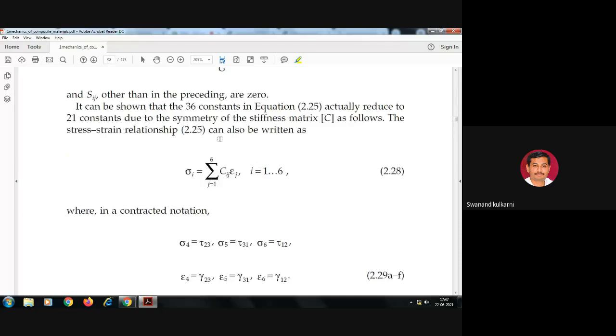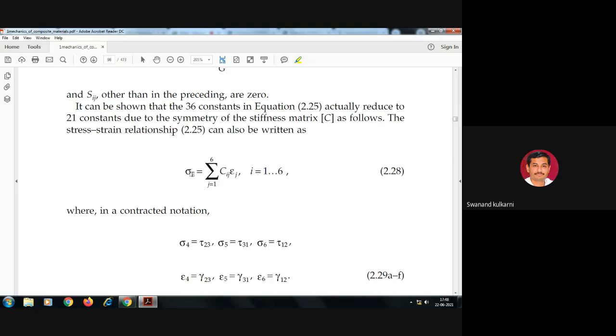Is it okay? So, in short, to describe this relationship between stress and strain, one common thumb rule is given: stress sigma I is equal to summation from J equal to 1 to 6 of Cij epsilon J, where I is equal to 1 to 6.